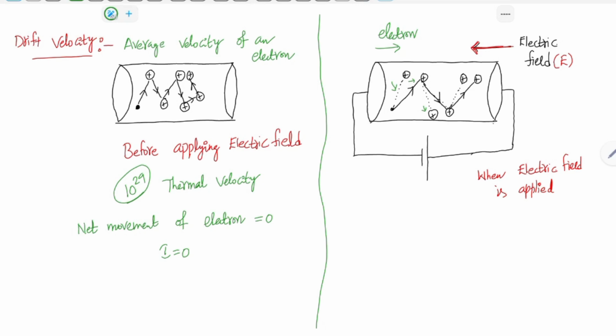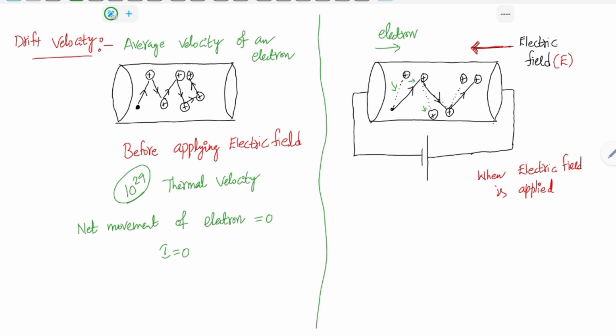Between the first collision and the second collision there is a time gap, and we call this time gap the relaxation time. So during this relaxation time, the electron will be accelerated, and we call this small shift in the position of the electron drift.